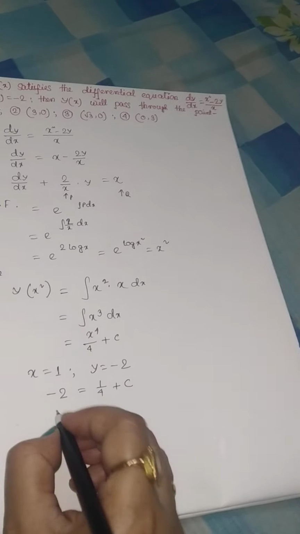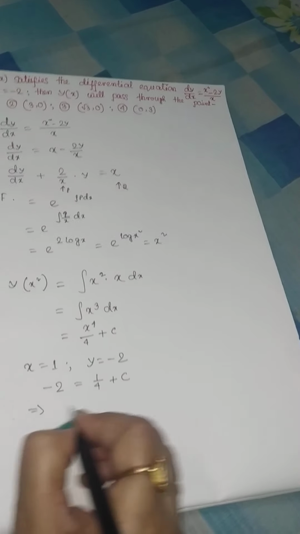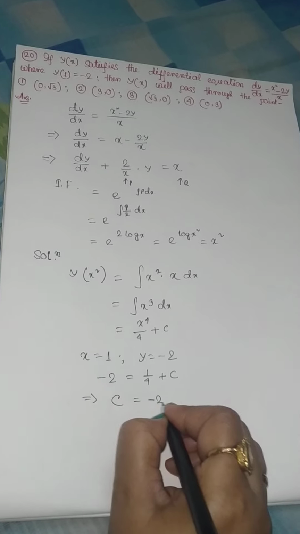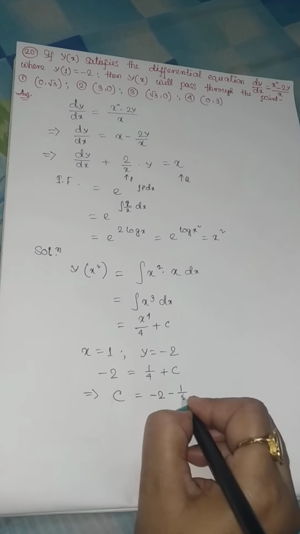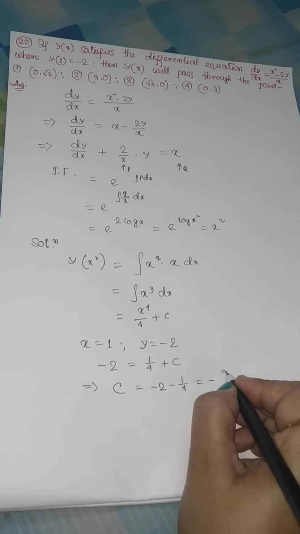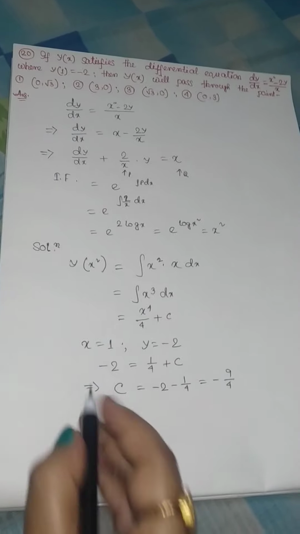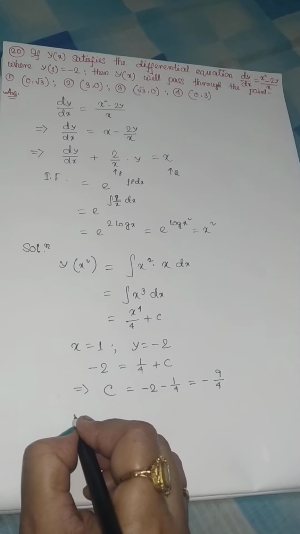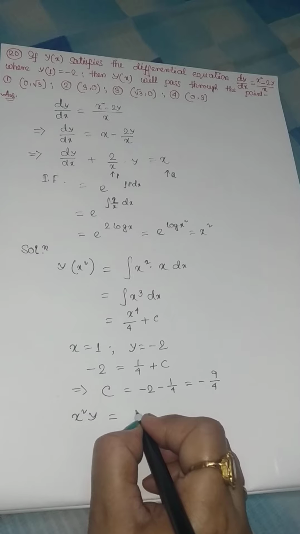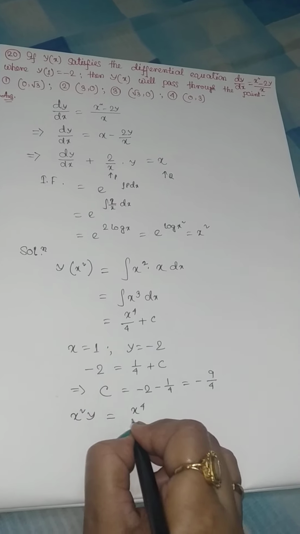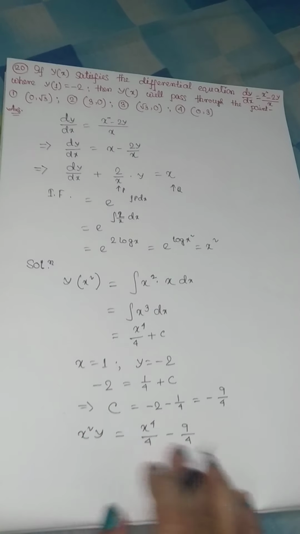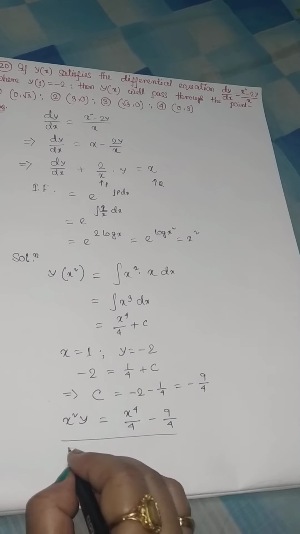Therefore c = -2 - 1/4, that is equal to -9/4. Therefore the equation becomes x²y = x⁴/4 - 9/4. This is our required equation.